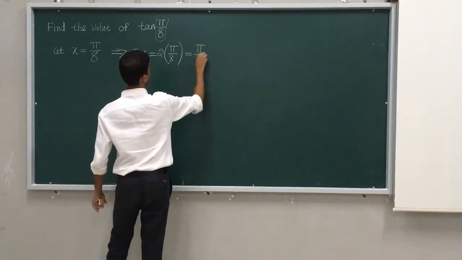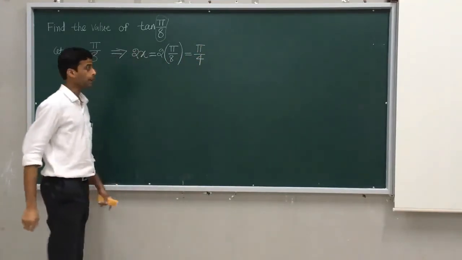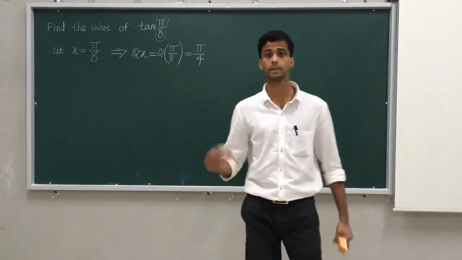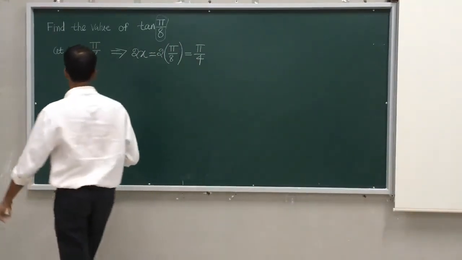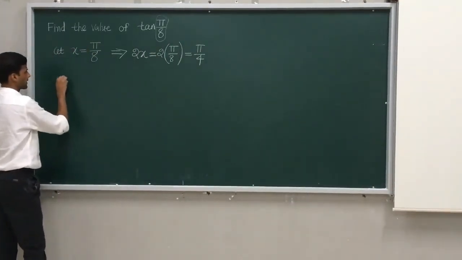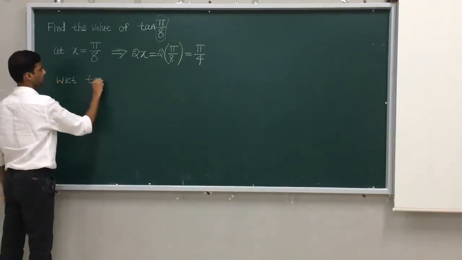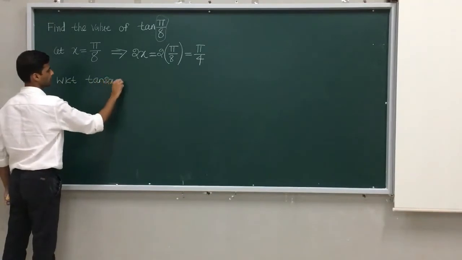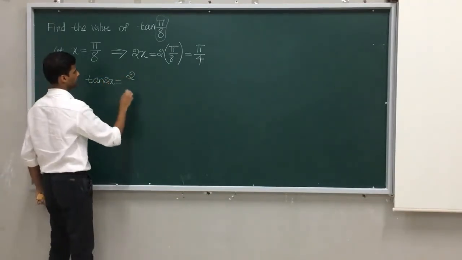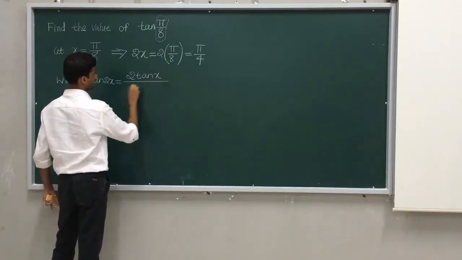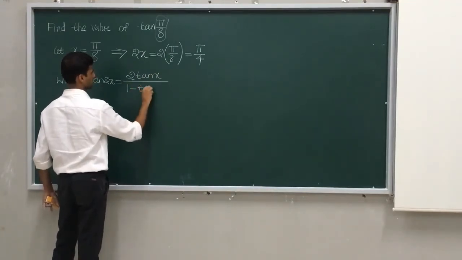Pi by 4. Why am I doing this? What is the use in solving this particular problem? We know that tan 2x is 2 tan x divided by 1 minus tan square x.